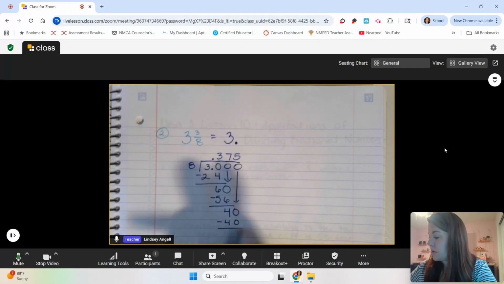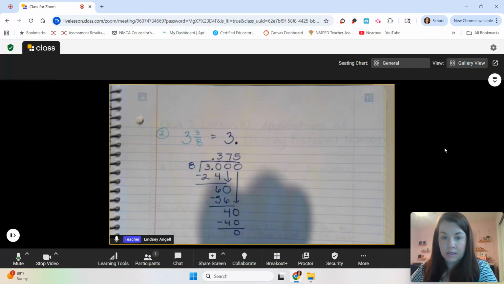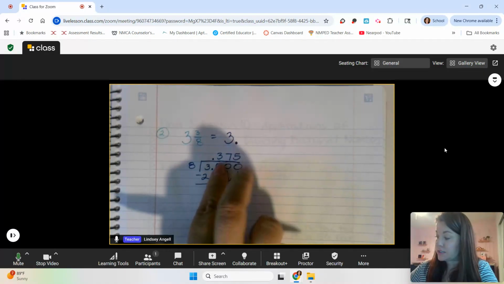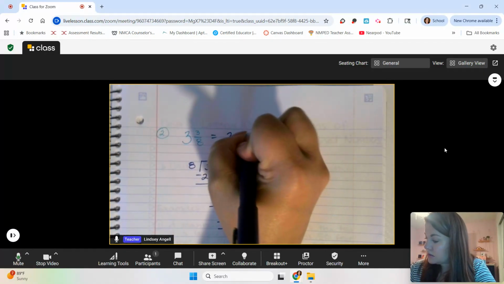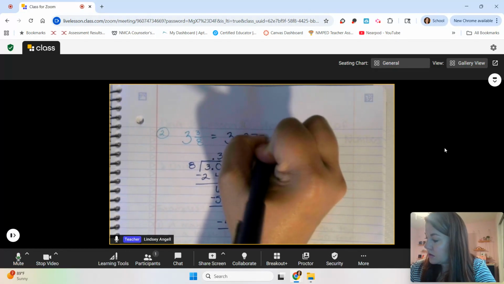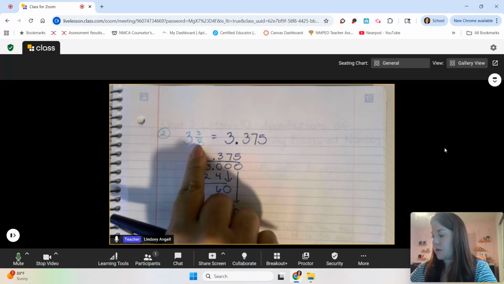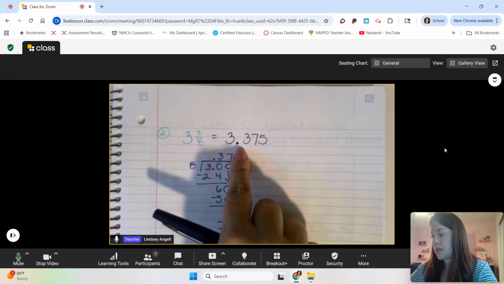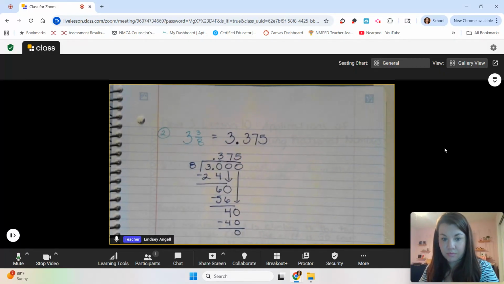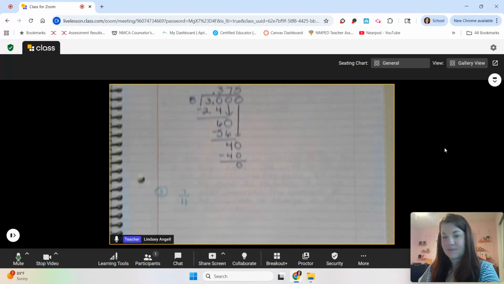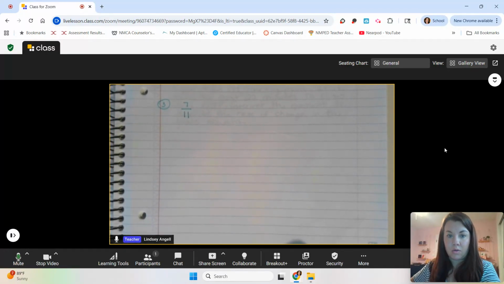It goes in perfectly, making that my final answer. So I just need to take this and put it right in there to give me 3 3/8 is equal to 3 and 375 thousandths. Okay? So that's how you apply a whole number from the mixed number.